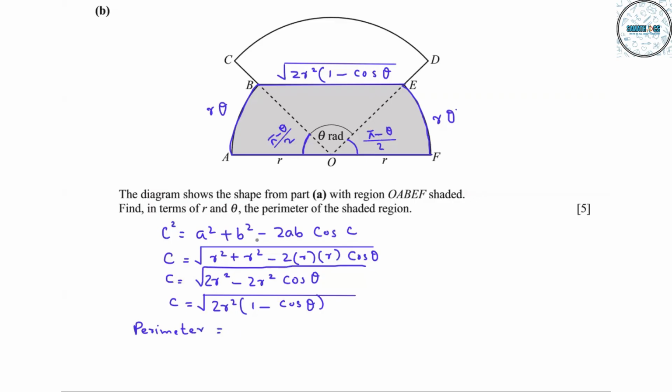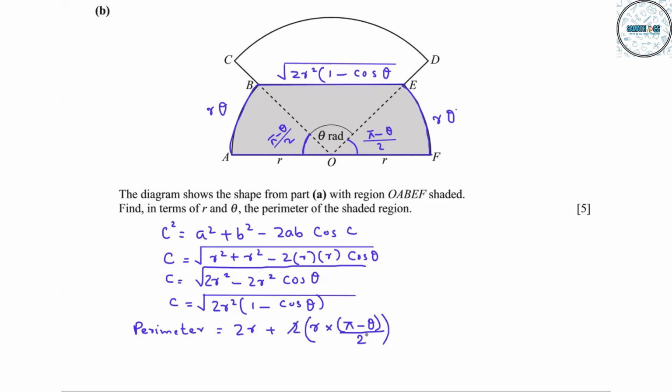Perimeter is equal to this r plus r, which is 2r, plus r theta. r theta is r into pi minus theta upon 2. And the same would be the length of this arc, so we will multiply this by 2.